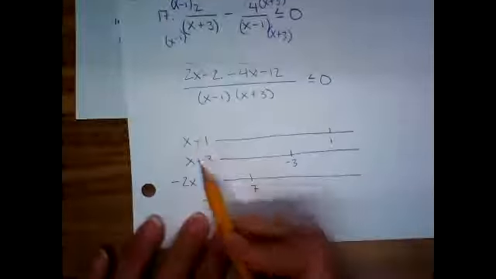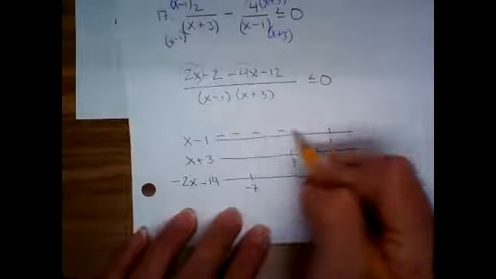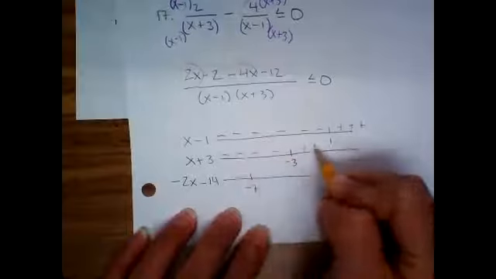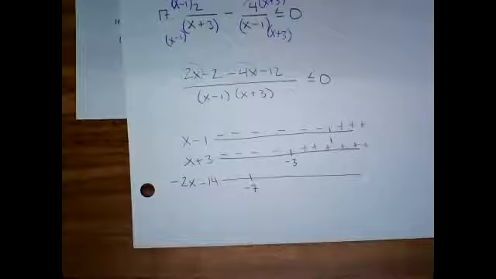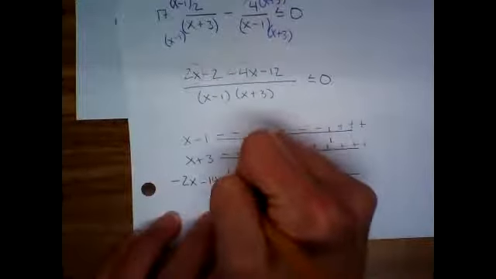So the first 2 are straightforward. They're going to be negative and then turn positive. And again, you can always pick a test number, but I'm trying to save you some work. Do you remember what happens if you have the negative out front? Instead of negative to positive, it's positive to negative. Like it's just backwards.